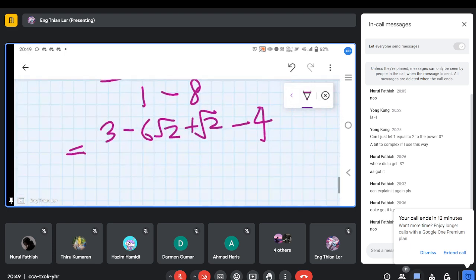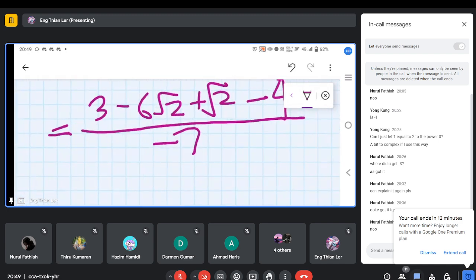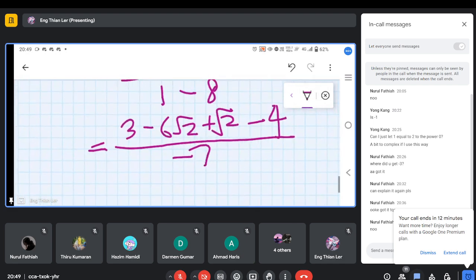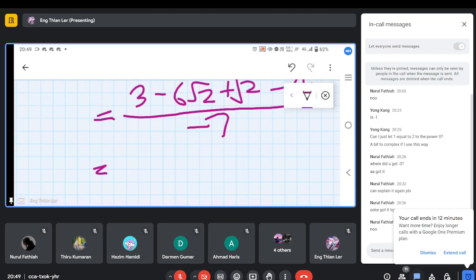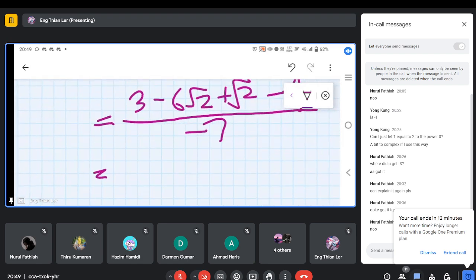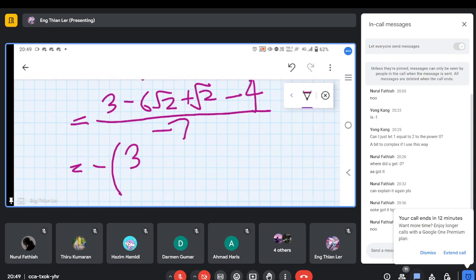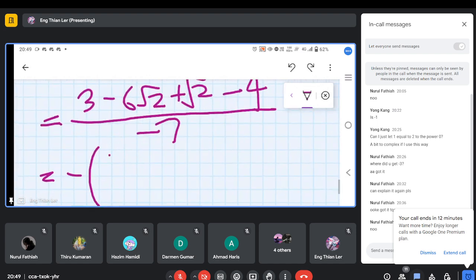So this will be divided by negative 7. And 3 minus 4 is minus 1.